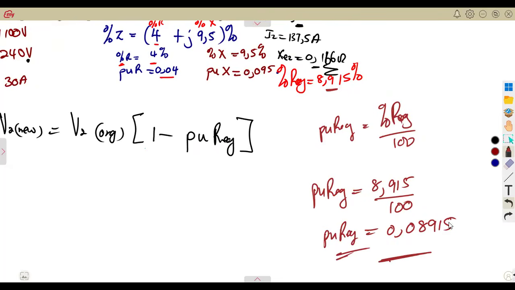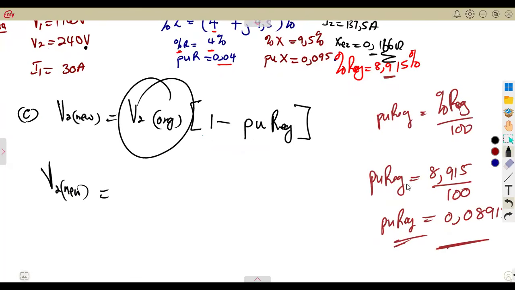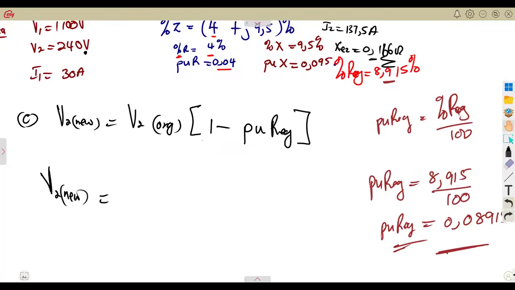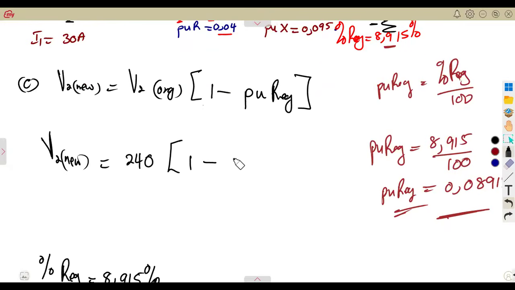With this per unit regulation, a decimal, use it to calculate the new voltage, which is V2 original, the original voltage from our information, times 1 minus per unit regulation, as a decimal, 0,08915.